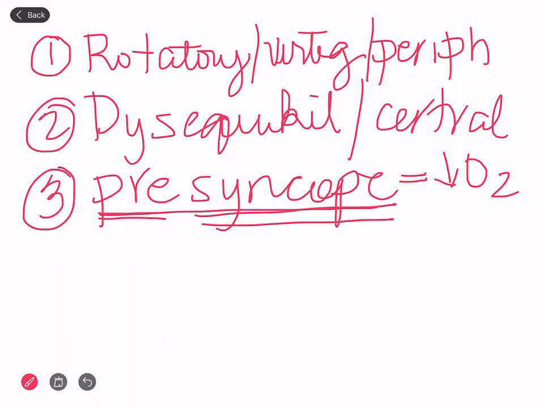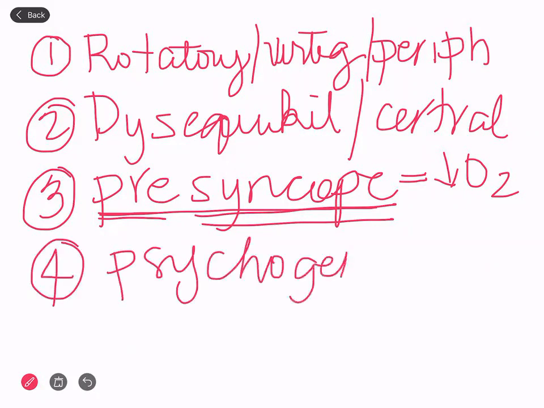And of course, number four is psychogenic. Psychogenic syncope is a diagnosis of exclusion, meaning you should first rule out the different causes of syncope.